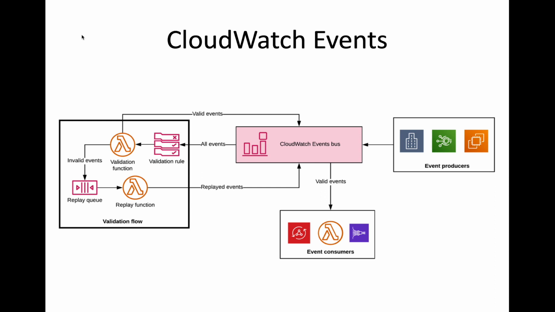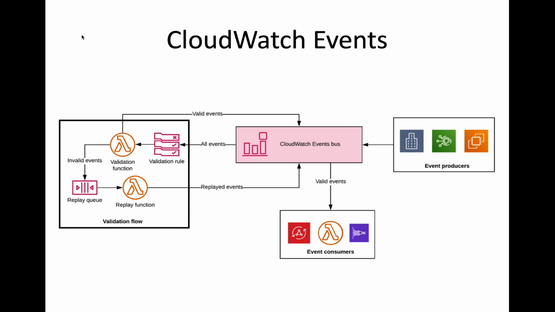Essentially, we can use CloudWatch as a massive shared message bus within our platform, and most of the AWS services will send out event messages to the CloudWatch Events bus.